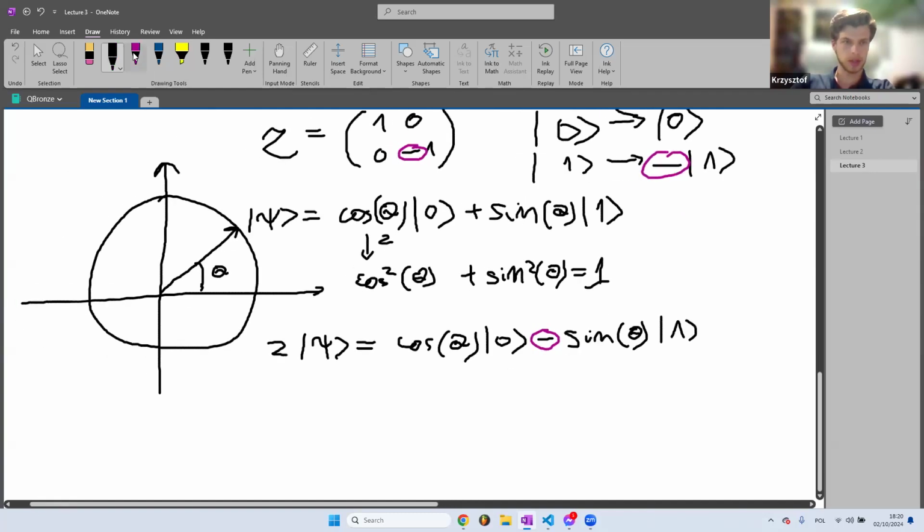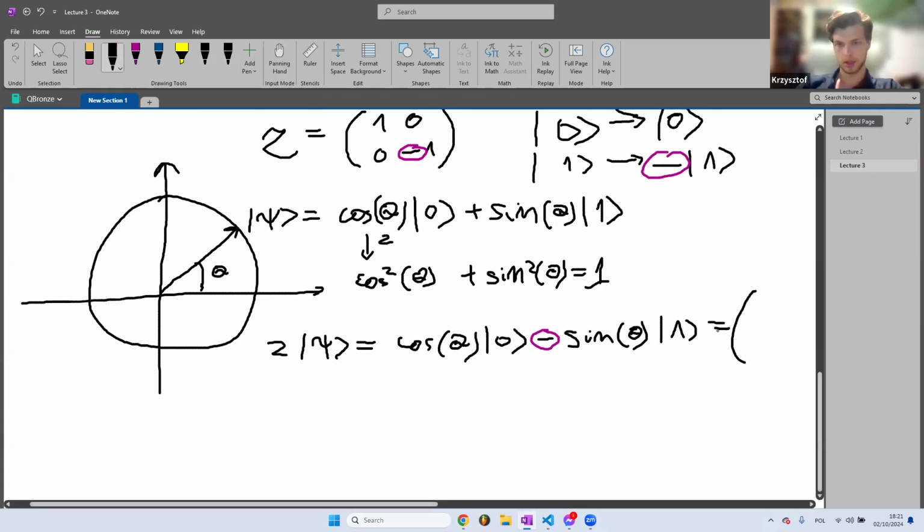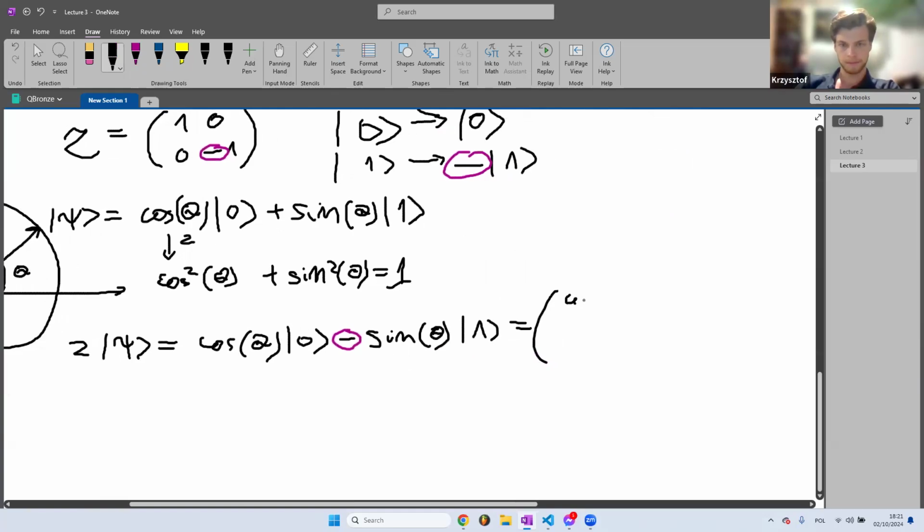So now let's try to rewrite our quantum state with this minus sign. We know that this is cosine of theta, so this value stays. We can also rewrite this as cosine of theta, minus sine of theta.